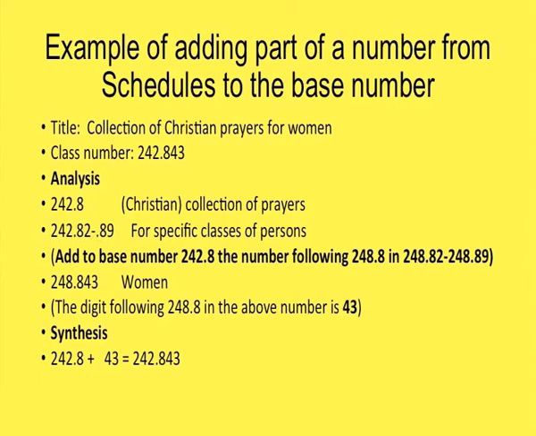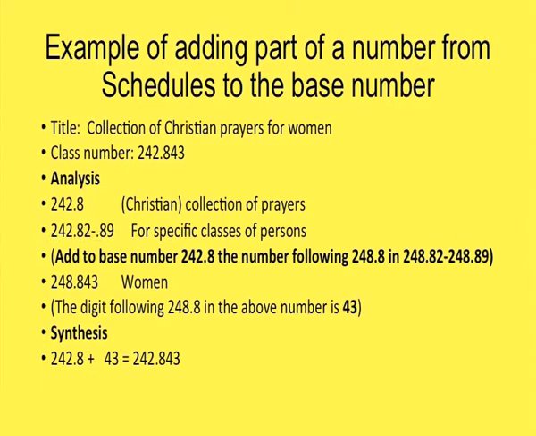First of all we found the basic subject number, base number, that is 242.8, which is for Christian collection of prayers, and then we found the number for women, and that is added to synthesize the complete class number of this title.